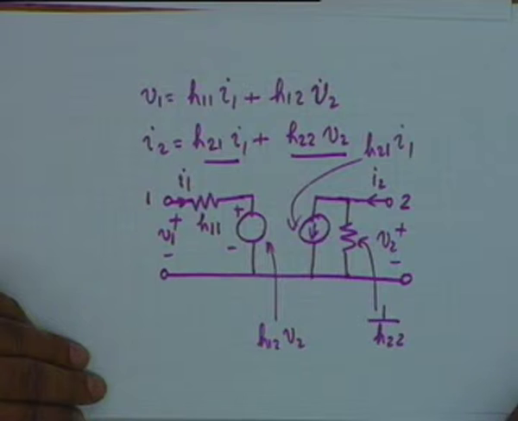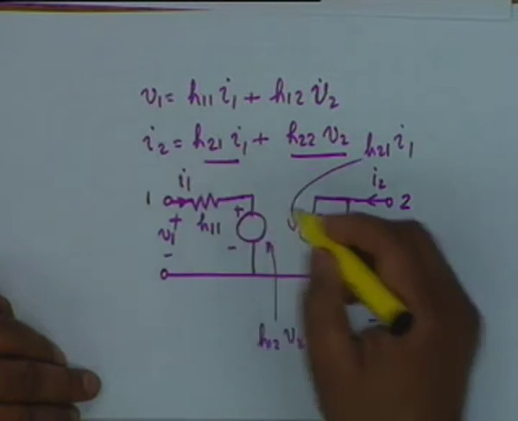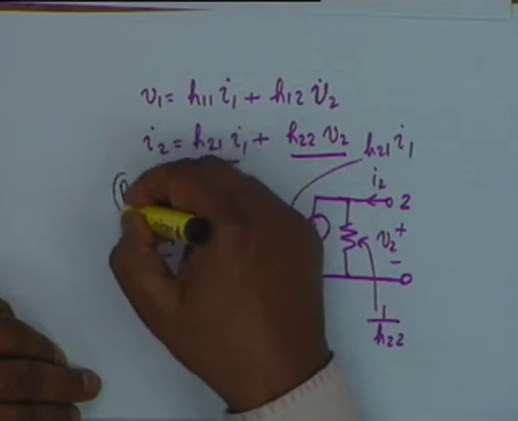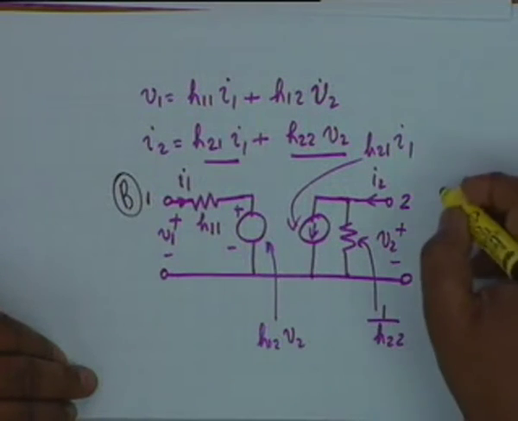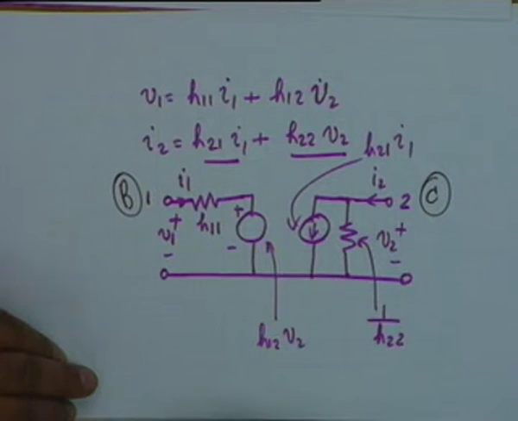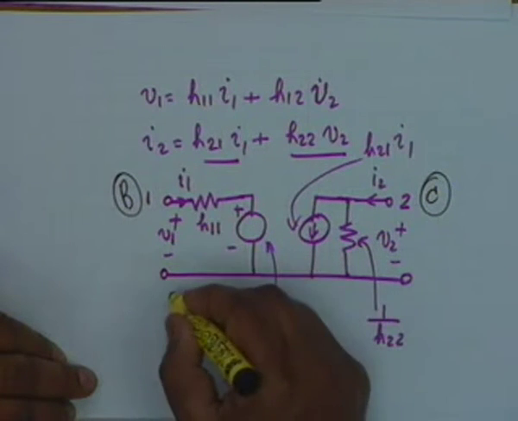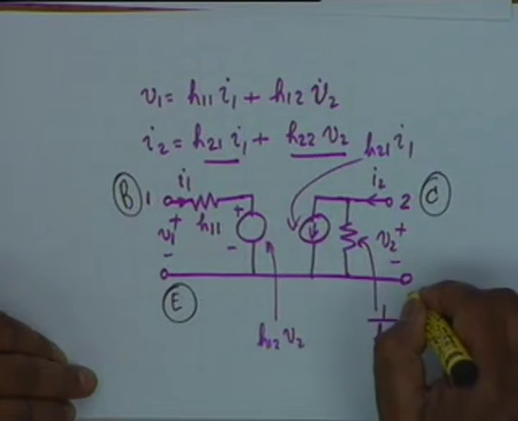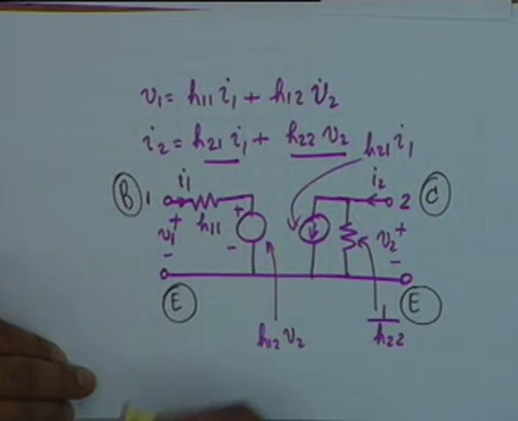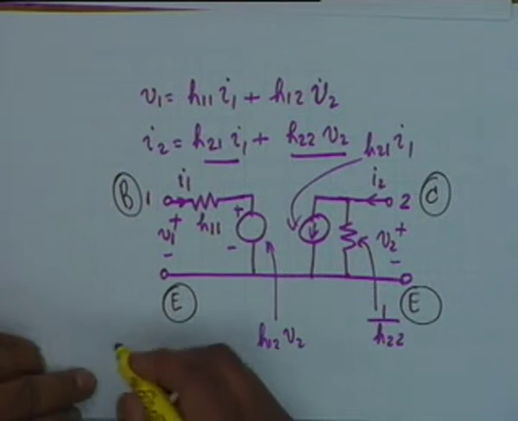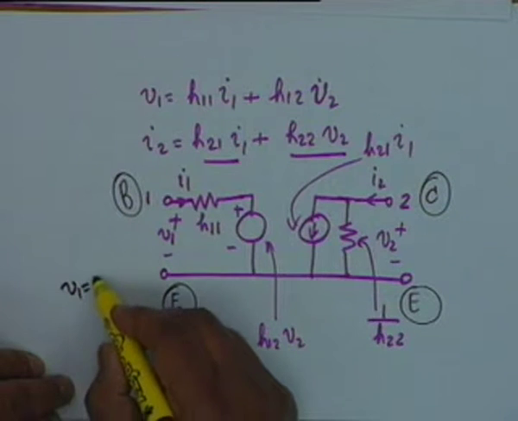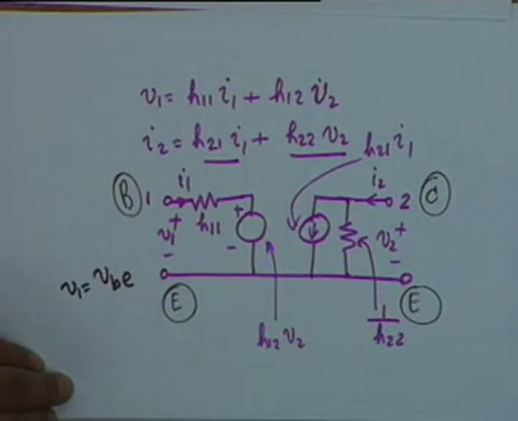Now, in a transistor, if the terminal 1 is a base, terminal 2 is a collector and the common terminal is an emitter, this is emitter, then you see V1 is nothing but VBE.